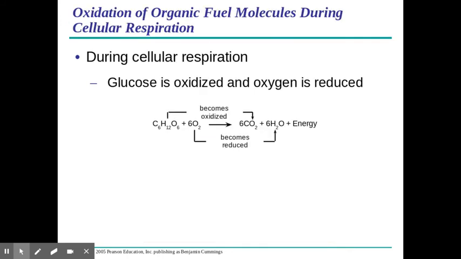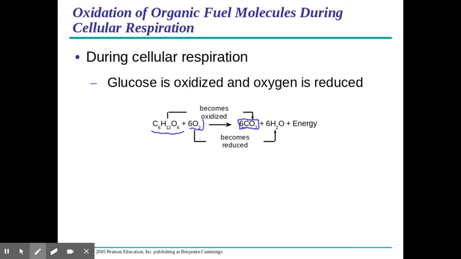So in this case, cellular respiration, this is what we should focus on here as far as oxidation and reduction. This is the cellular respiration equation. So we start, if I grab my pen here quick, this is glucose. Glucose is going to become oxidized, so it's going to lose electrons, and that's going to eventually be made into carbon dioxide.